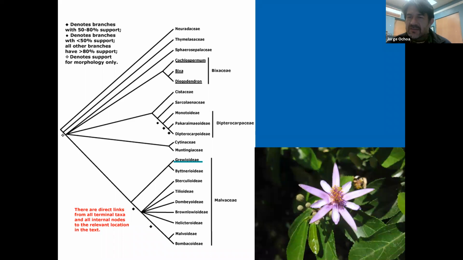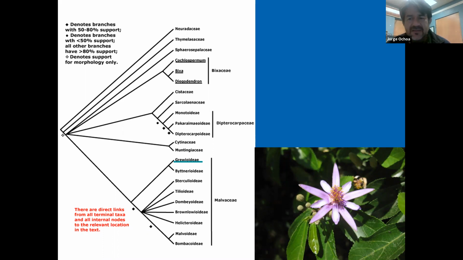Then we have the Grewioideae, now part of the Malvaceae. In the old days, this was its own family, but through the genetic work it has been lumped with the hibiscus or the mallows. It's represented here by Grewia occidentalis, which we will see later on in the semester. Notice there are many similarities in the flowers.